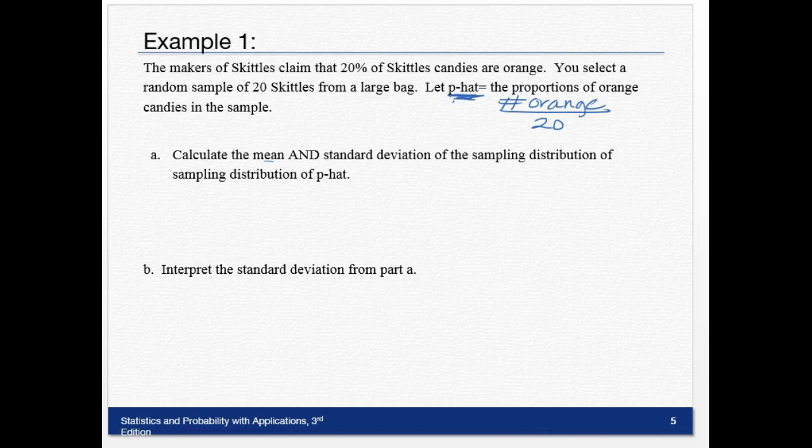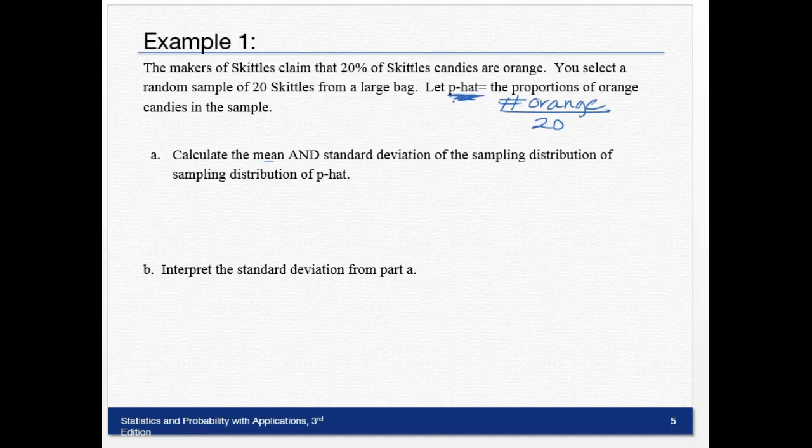That's what p hat is. Now, just imagine if I give you 20 Reese's Pieces, would exactly 20% of them be orange? Well, probably not, but your sample would have some orange, so we'd figure out what percent that would be.